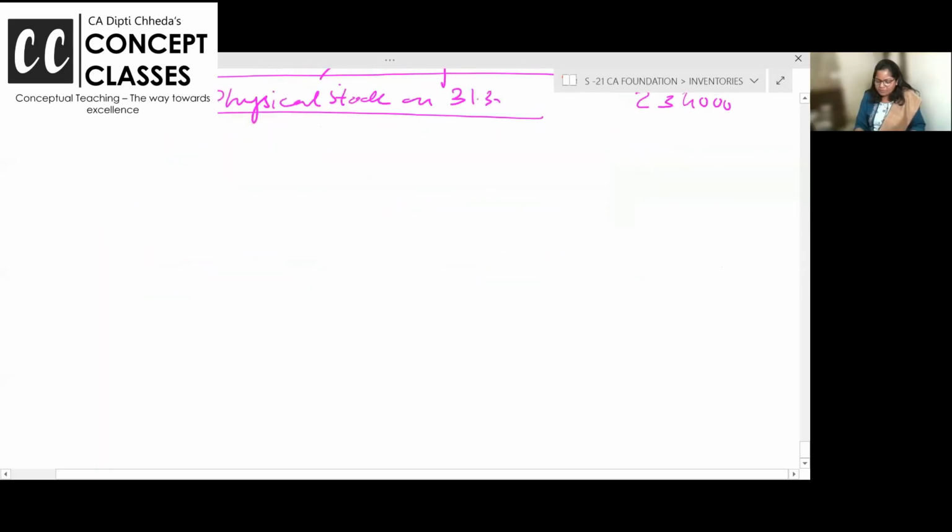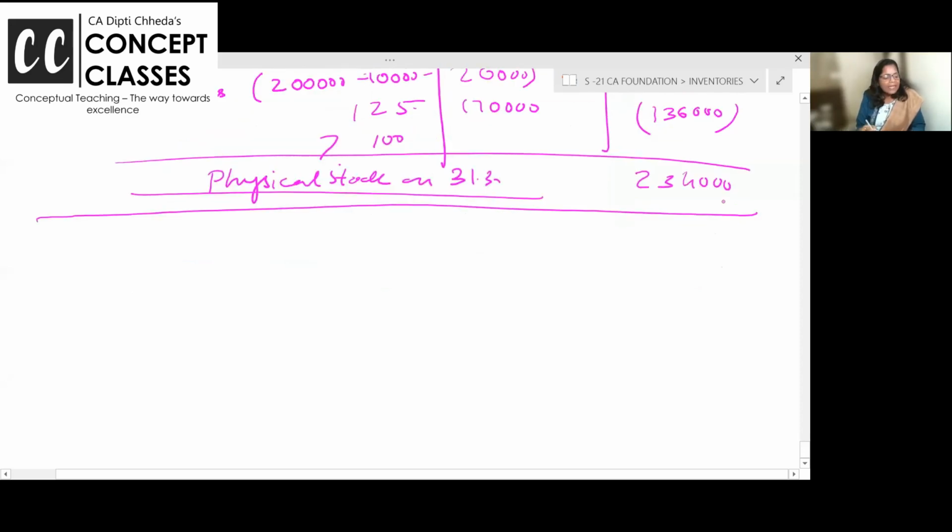Let us start. Both the things you have to do simultaneously. Some items will have impact on profit, some items will have impact on stock. For every entry, I'll give you analysis. Only thing is, when I'm reading the problem, you all also read it properly.